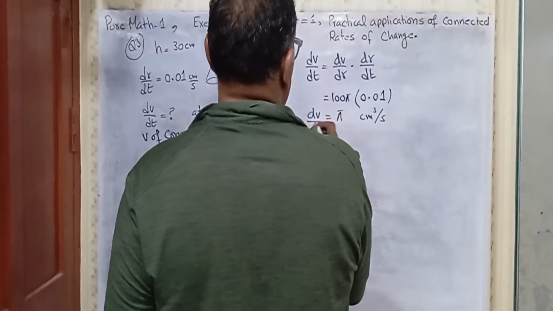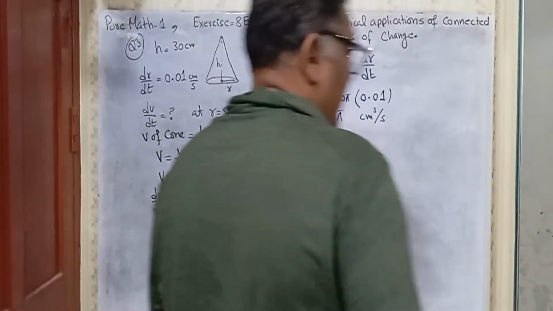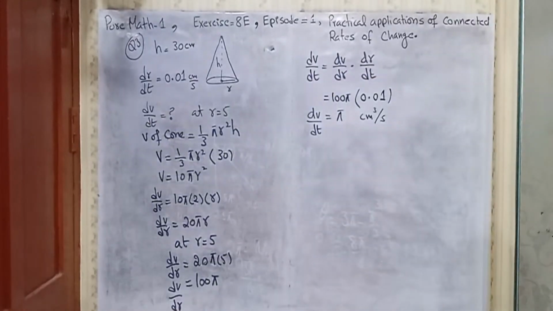The value of dV by dt is pi centimeter cube per second.